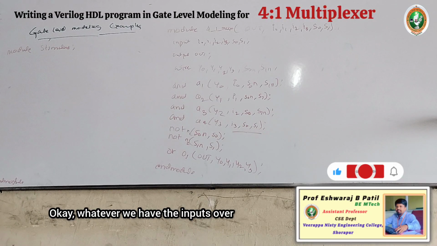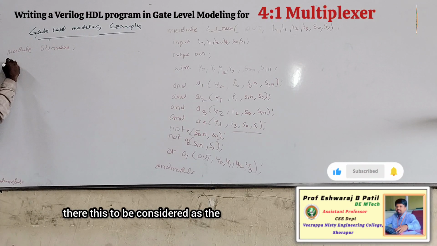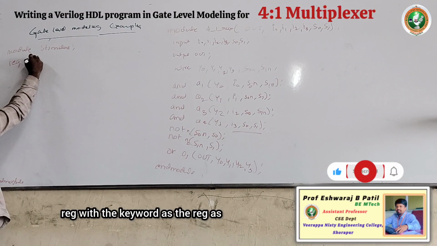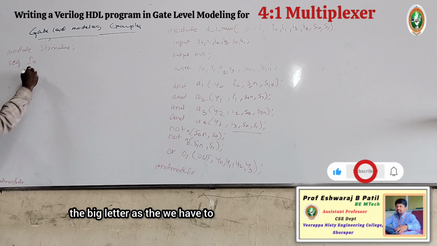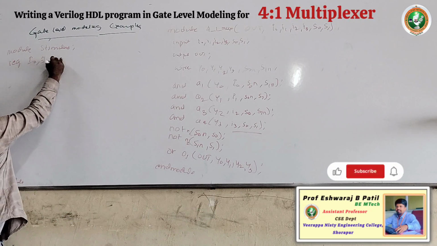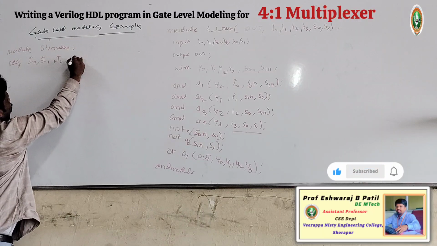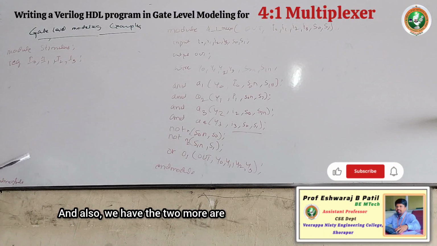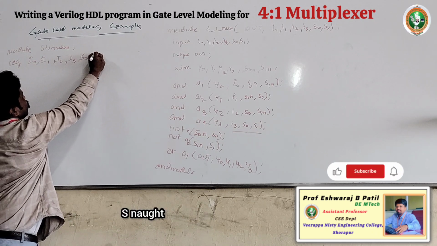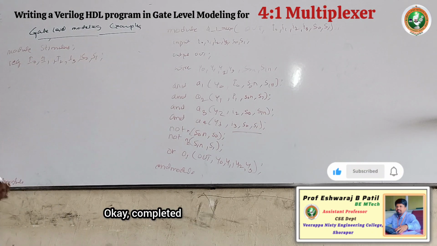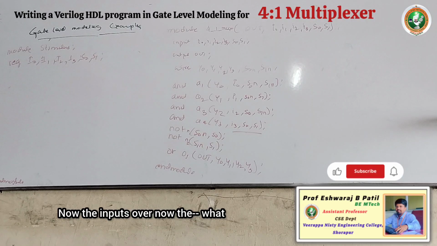Whatever inputs we have are to be considered as reg, with the keyword reg. Then we give the inputs I0, I1, I2, I3. And two more are there, S0 and S1. Now the inputs are over.